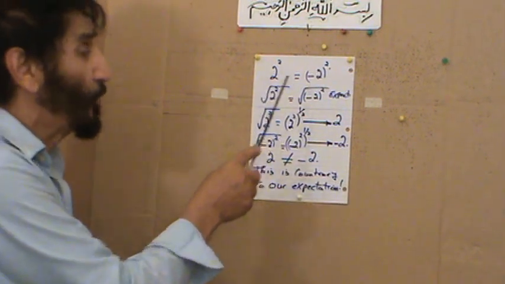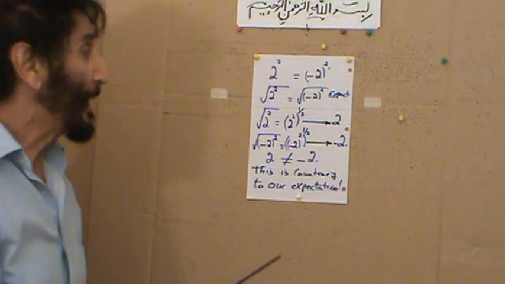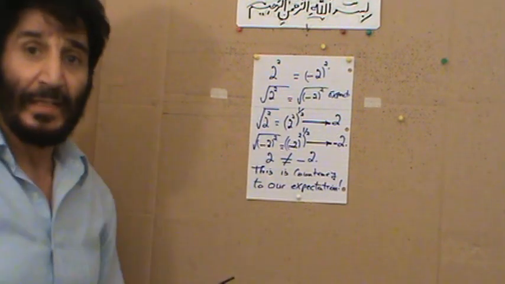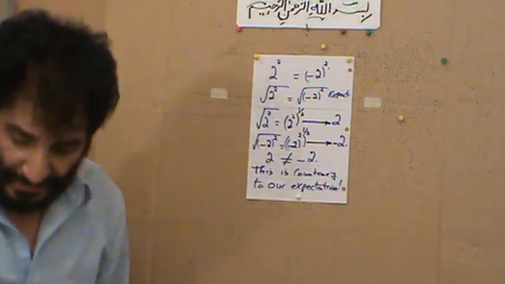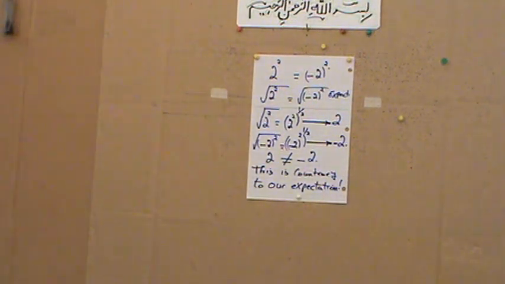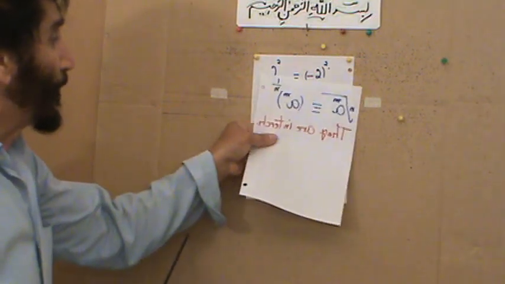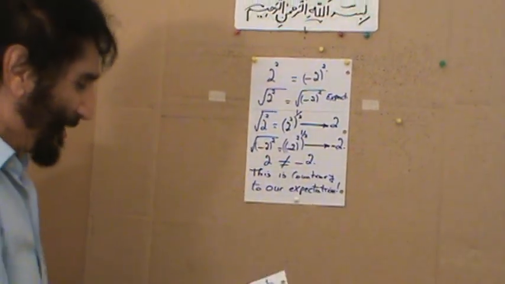So we take the square root of both sides. Then we interchange to the previous notation, as I said they can be interchanged.